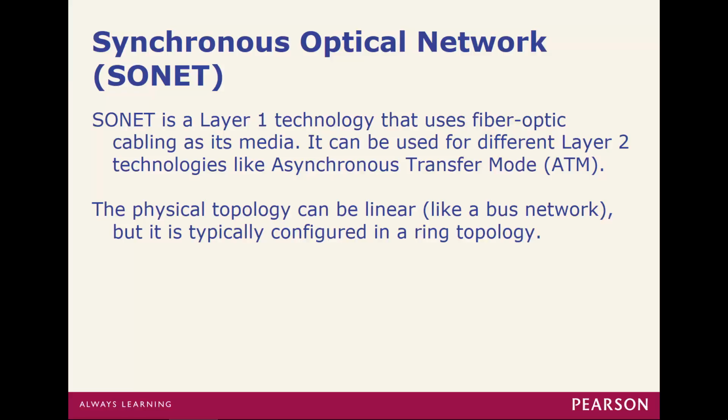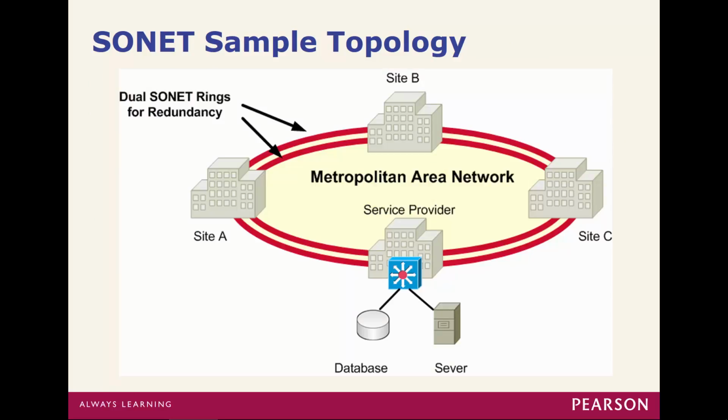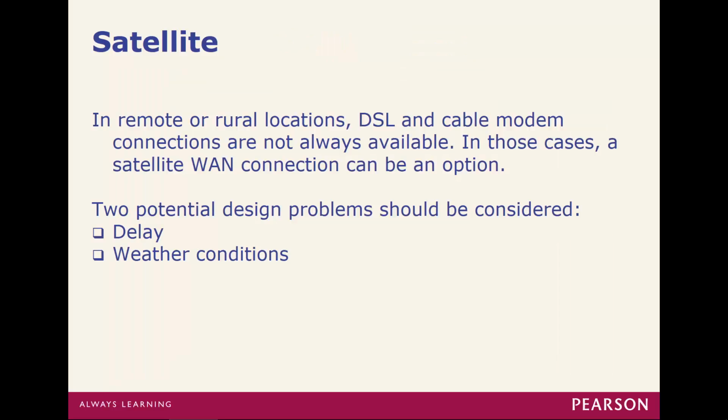The physical topology is very linear, like a bus network, but it has some other characteristics like a star and a ring. Very commonly, it's going to be a hybrid of a ring, star, or a dual ring. We can move past that.